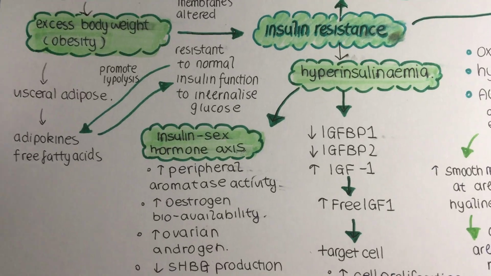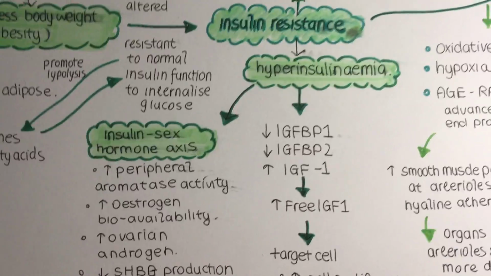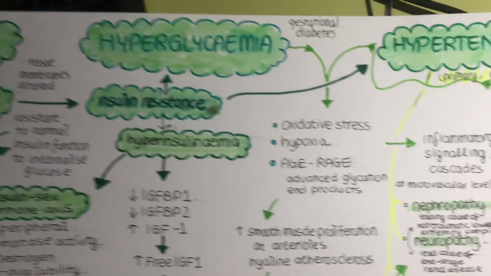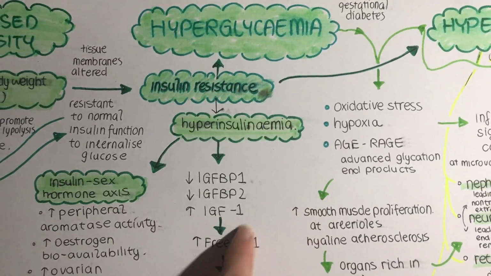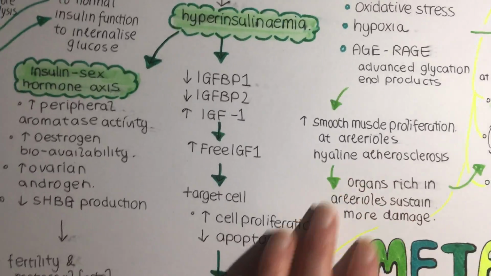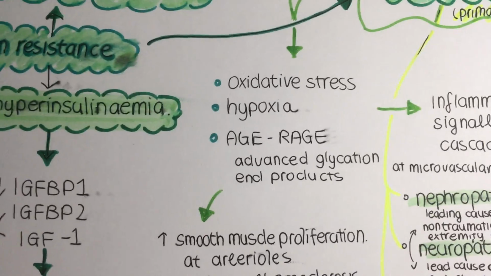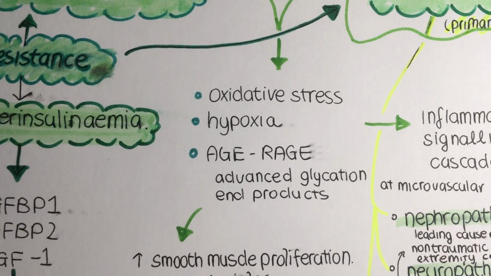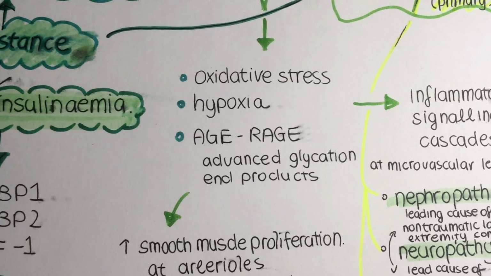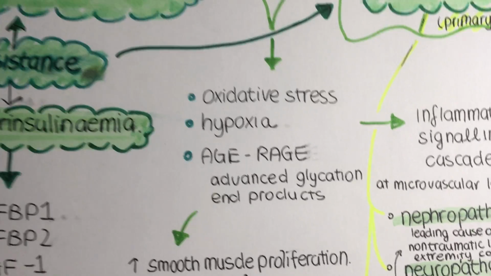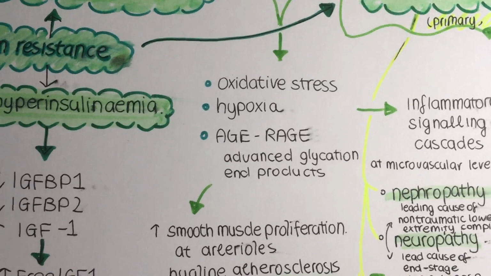This level of insulin resistance allows for hyperglycemia. Now, hyperglycemia together with hyperlipidemia contribute to oxidative stress, hypoxia, and advanced glycation end products within the vessels.